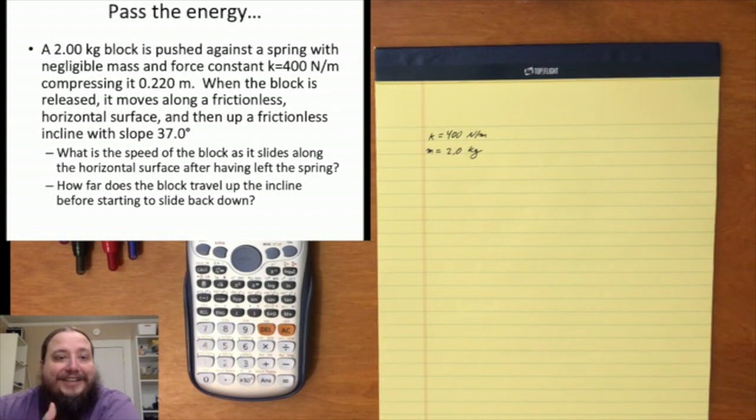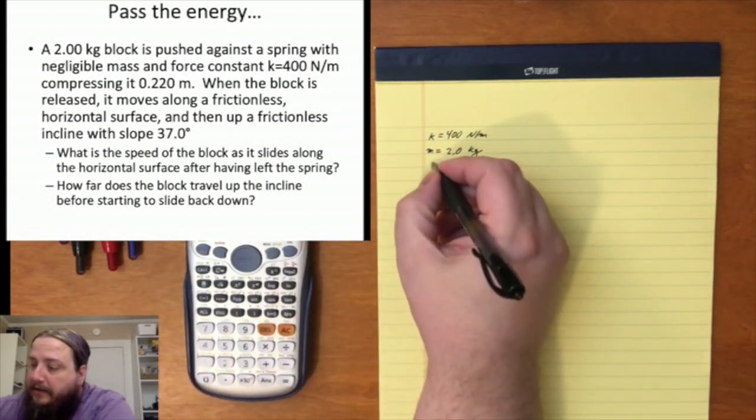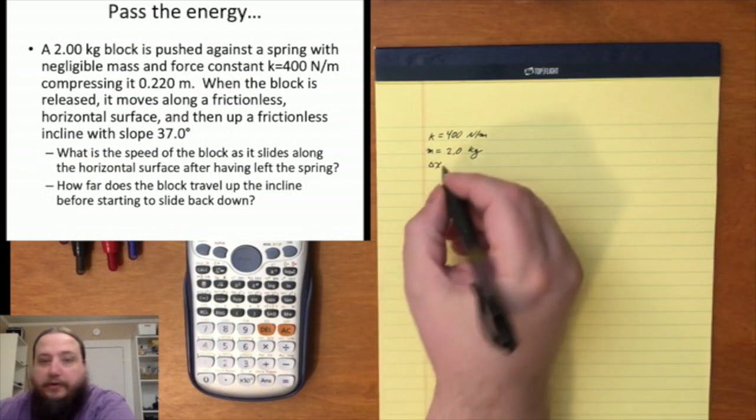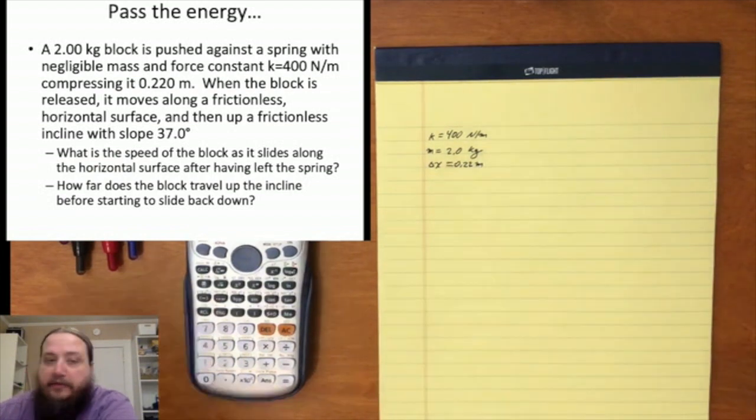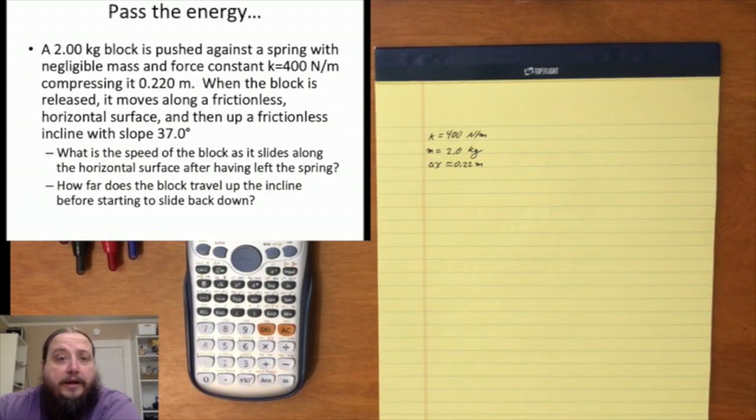And a compression distance to begin with, a delta x of 0.22 meters. That's probably going to come in and be useful for describing an elastic potential energy.